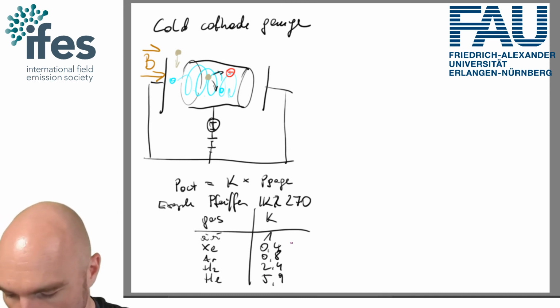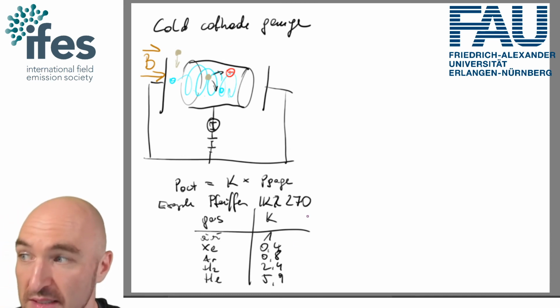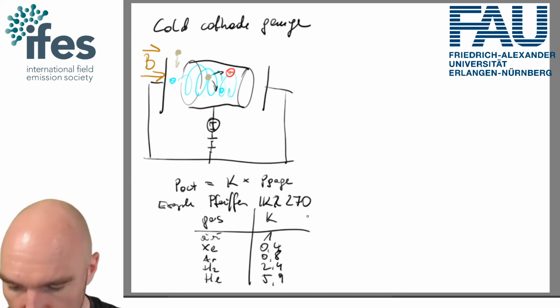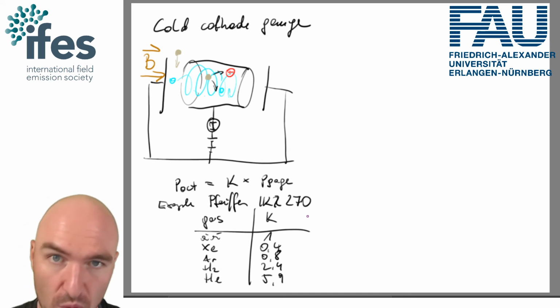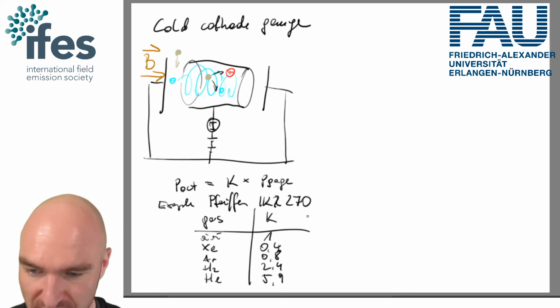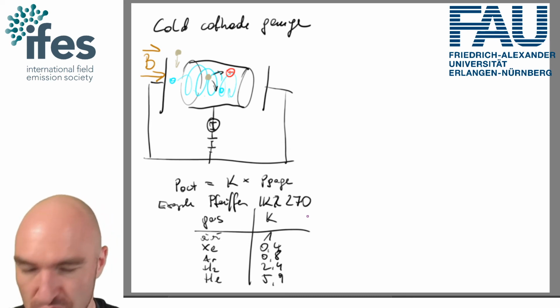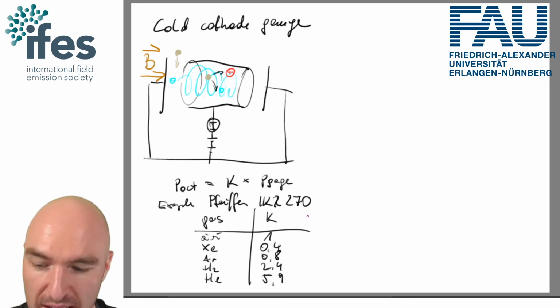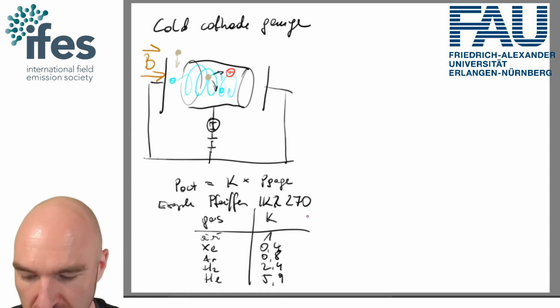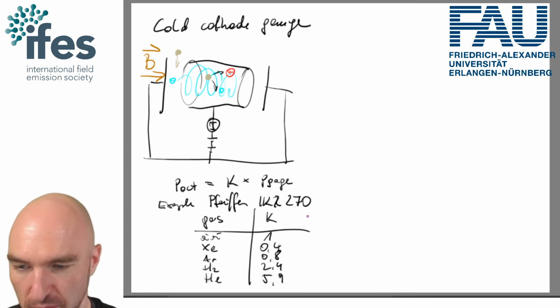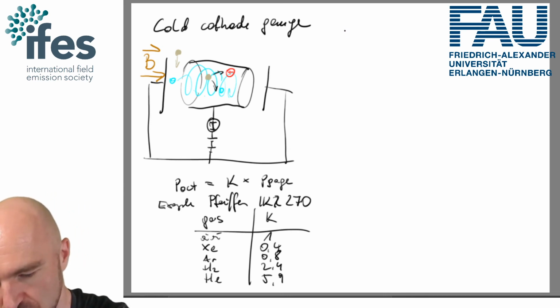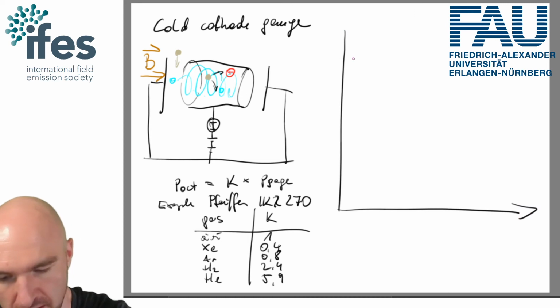And if you've got a mixture of gases, it becomes extremely hard to figure out what the actual pressure is, because you would need to know the individual concentrations of the gases in order to interpret the gauge reading. This is really the difficulty with these gauges.